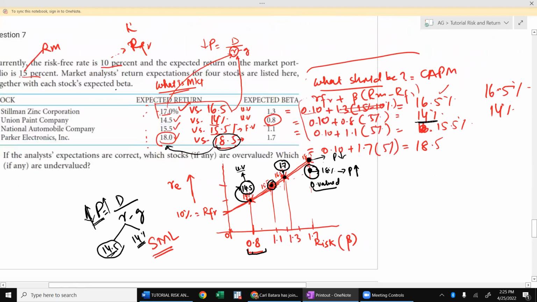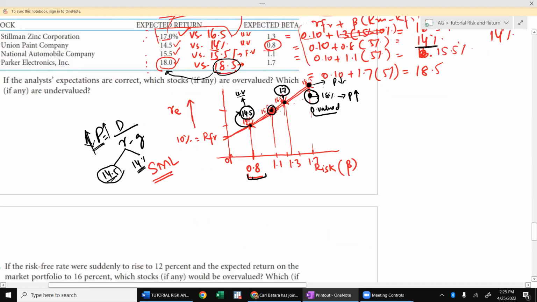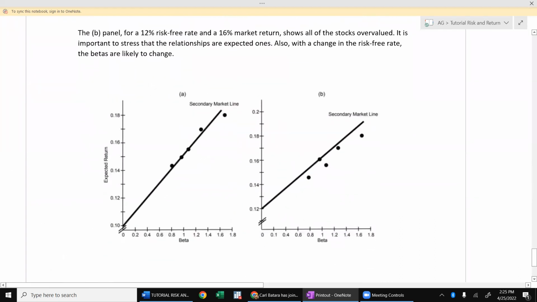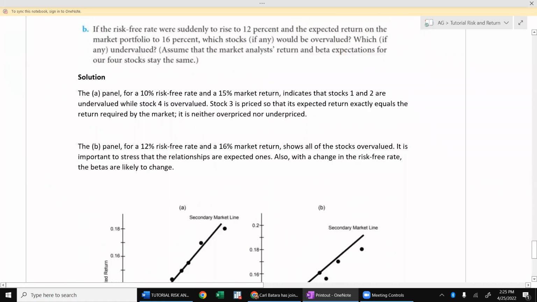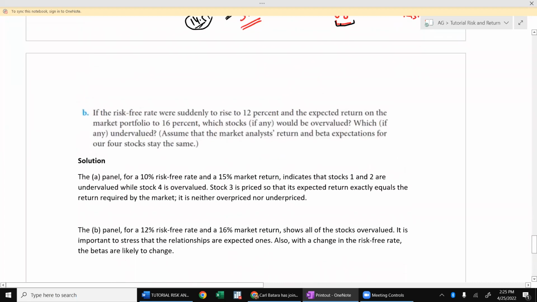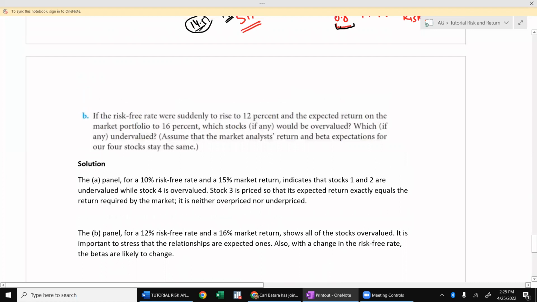So you need to draw the SML based on CAPM. Once you draw that, things are very easy to calculate. And this is already given here, so you can draw the SML line. In the next question, the risk-free rate increased from 10% to 12%, and the market return has changed from 15% to 16%, and then they ask you to calculate.